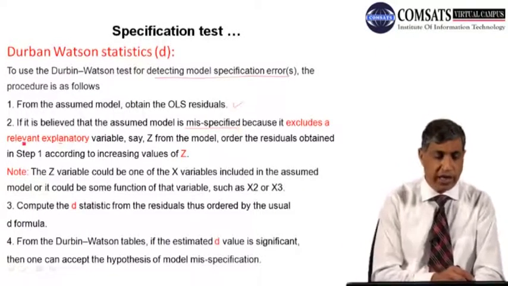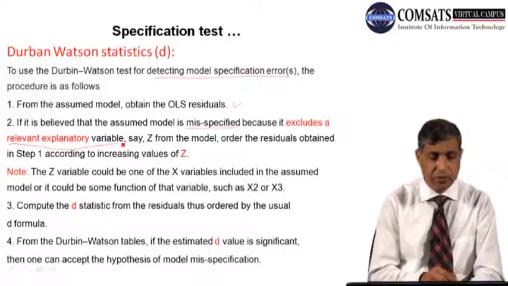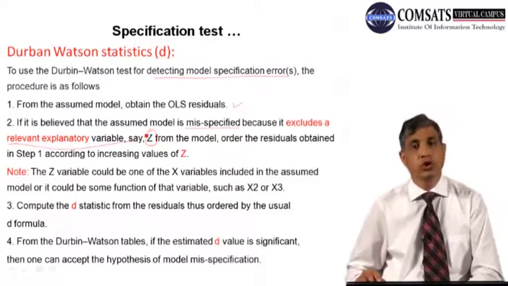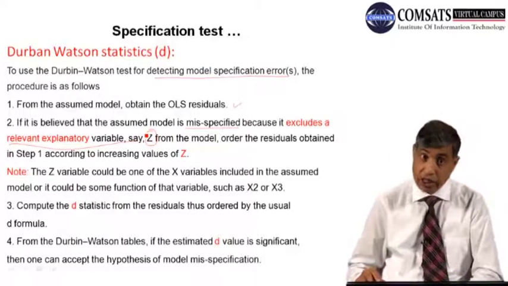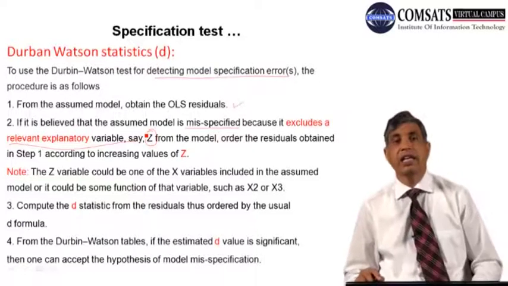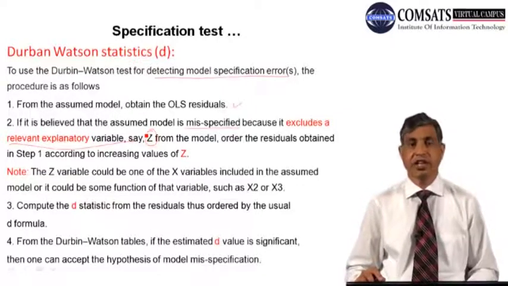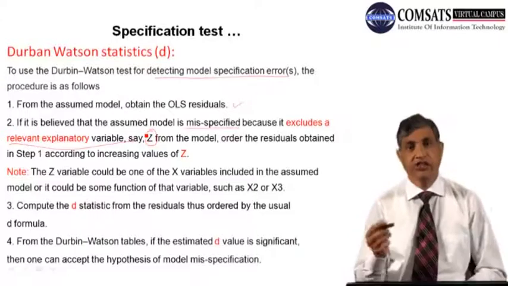Suppose the excluded relevant explanatory variable is Z. You suspect, and you detected by chance, that this is outside your model, the explanatory variable Z.